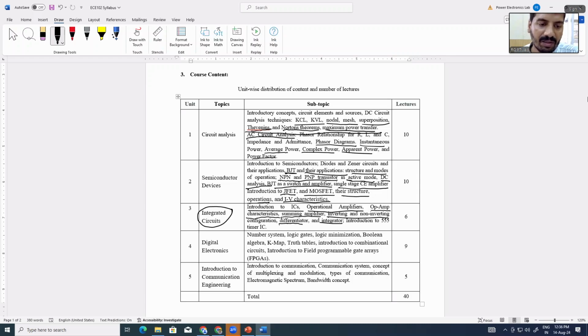Next, after studying the circuit concepts about semiconductor devices and common ICs, is digital electronics. That is how these ICs are applicable, which you will study in this topic. In that you will study the number system, different types of logic gates, logic minimization, Boolean algebra.